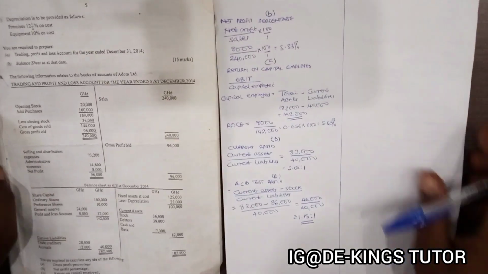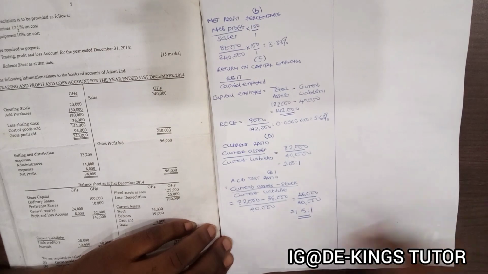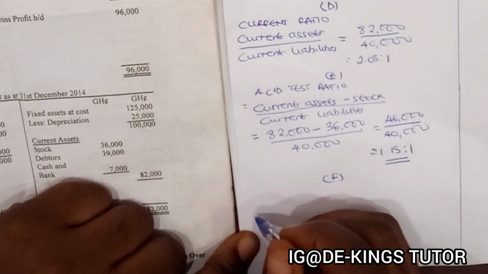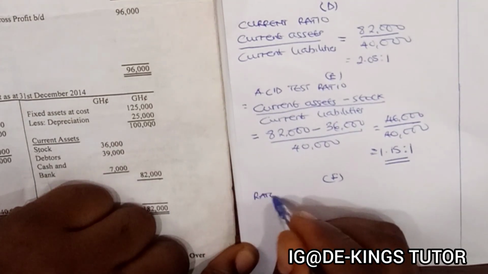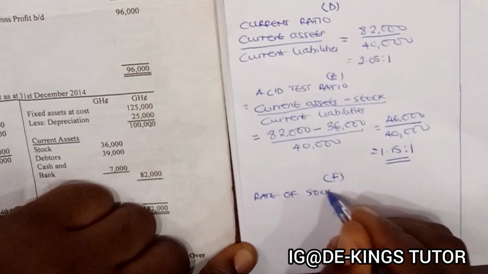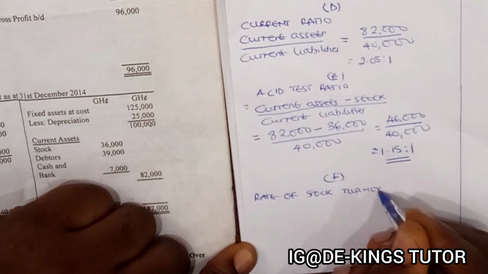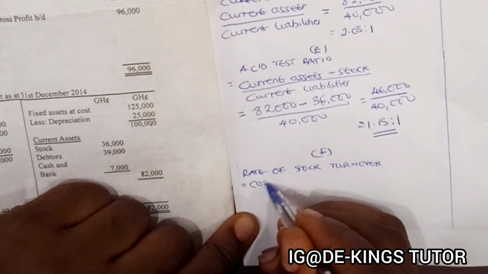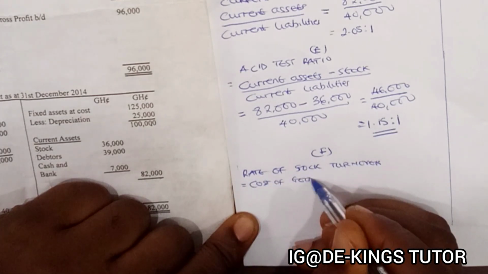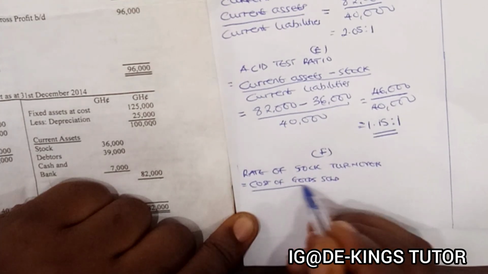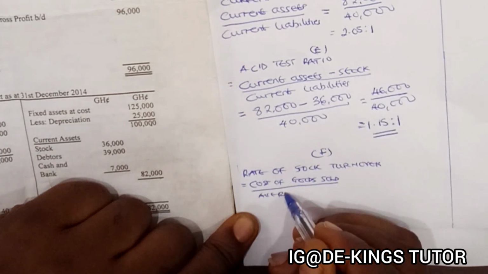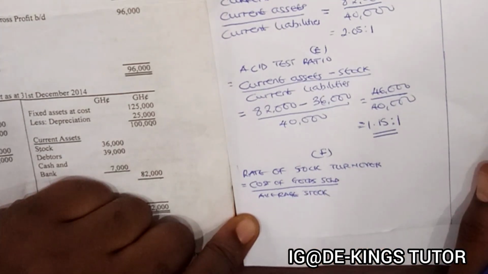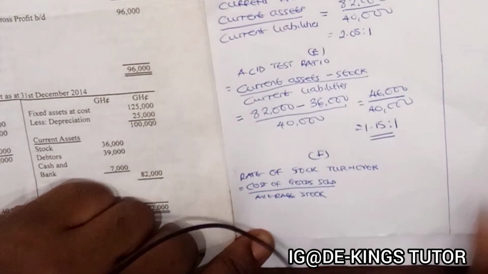So the rate of stock turnover will be given as F. The rate of stock turnover is given as the cost of goods sold over average stock. That's the formula. The cost of goods sold over average stock.